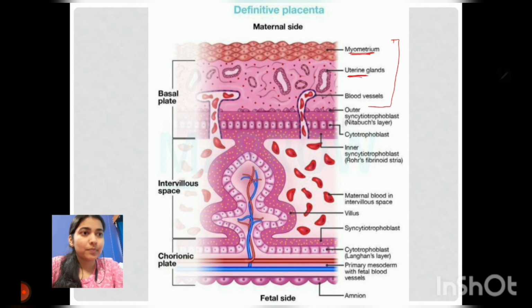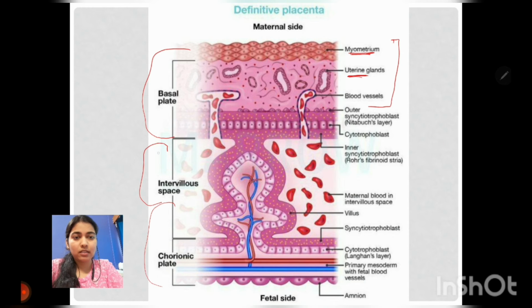This is known as the basal plate, the maternal side, and this is the chorionic plate, the fetal side, with the intervillous space in which the maternal blood is present. Blood vessels come from the maternal side. This is the outer syncytial trophoblast, known as Nitabuch's layer, and the cytotrophoblast, then the inner syncytial trophoblast, Rohr's fibrinoid stria.